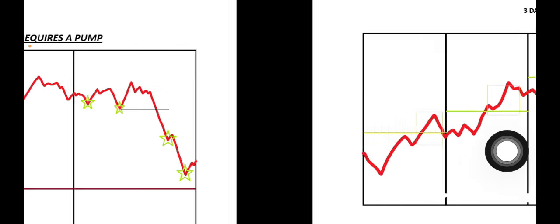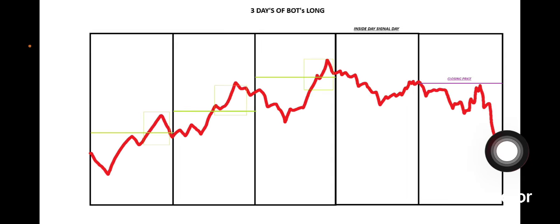Now we're going to be looking at some examples of this setup on the actual charts, but I wanted to go over a couple of slides just to make sure we're all on the same page. So we're looking at the setup that Stacy calls 3 days of breakout traders in the market. And this is in the long direction for this example. This is a 3-day setup.